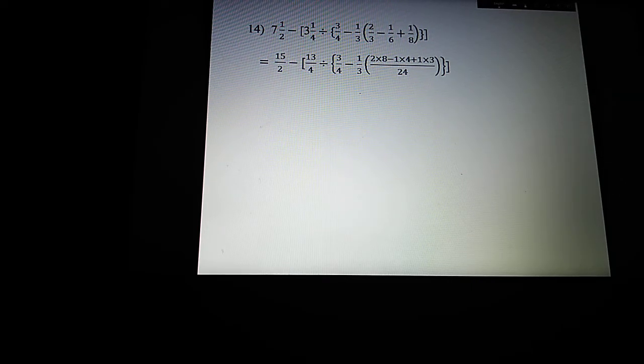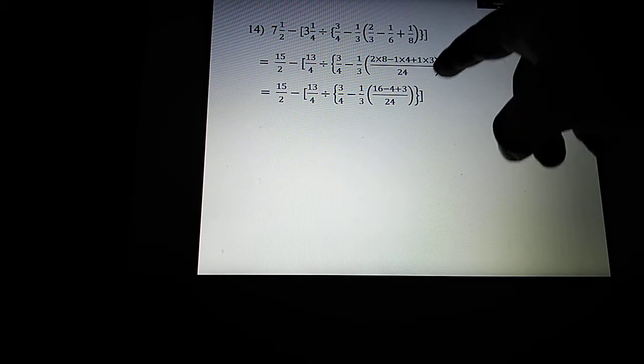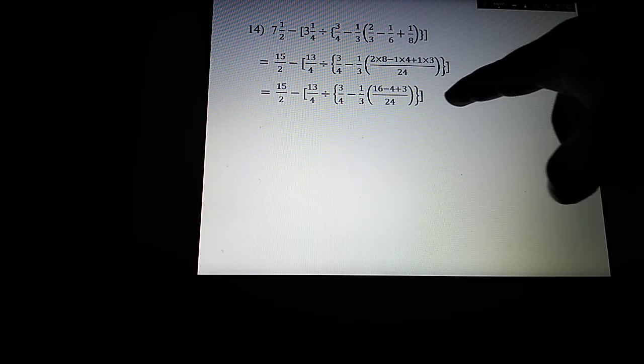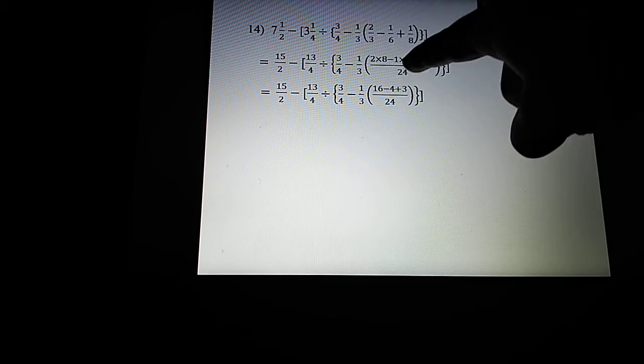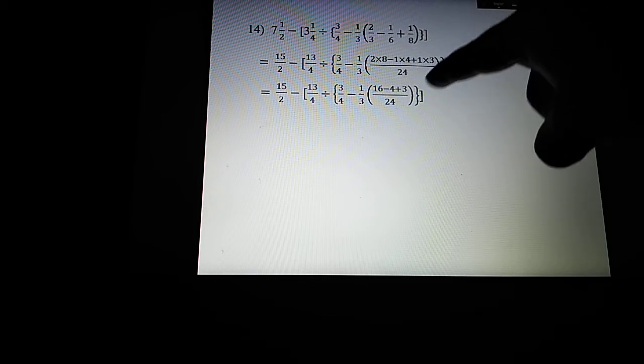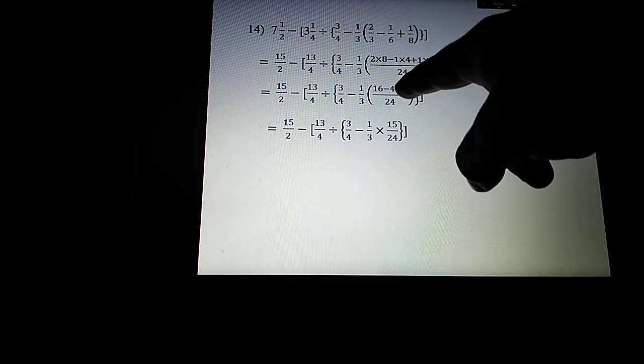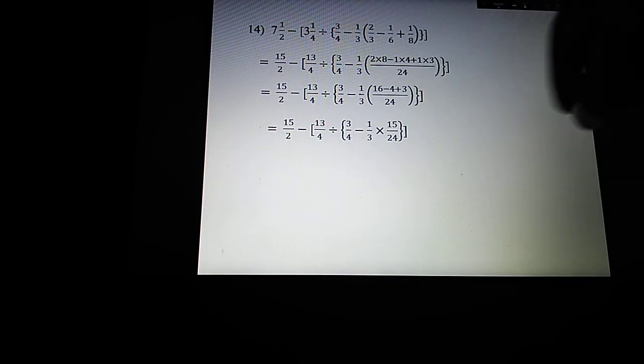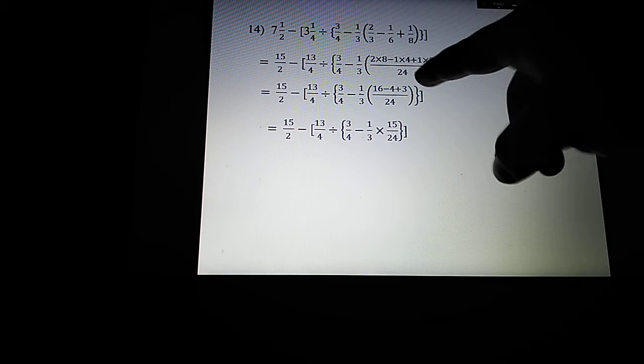So in the next line everything remains constant. Now 2 into 8 is 16, 1 into 4 is 4, and 1 into 3 is 3. In the next line we make the addition and subtraction. 16 minus 4 is 12. 12 plus 3 is 15.